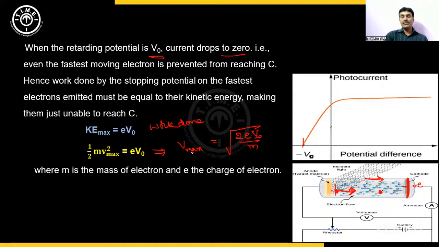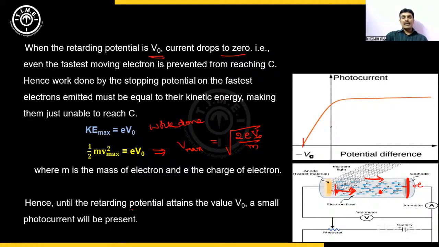That is the maximum velocity of the electron, where V0 is the stopping potential, m is the mass of the electron, and e is the charge of the electron. Understood? Yes.